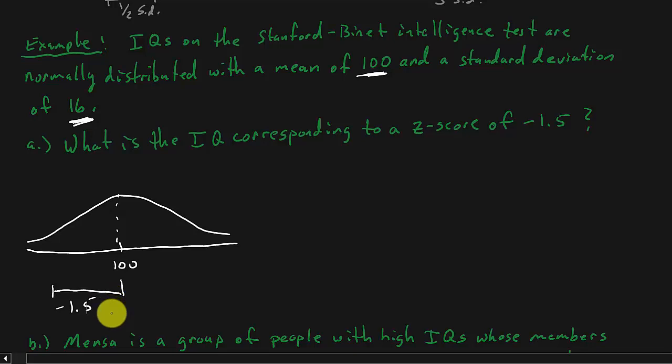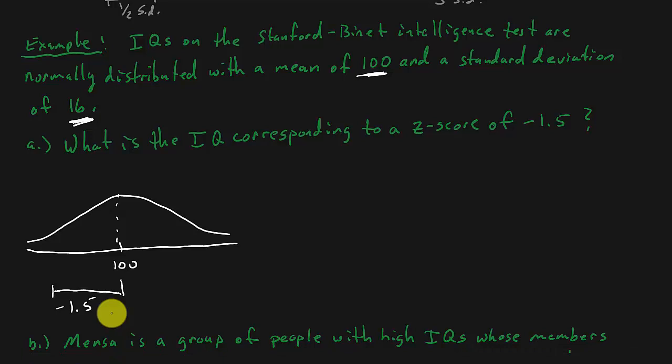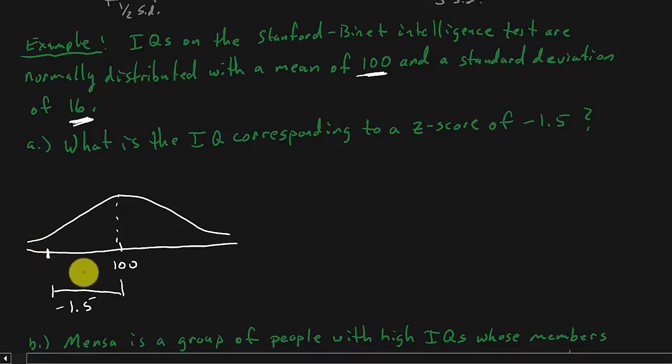Now there actually are a couple of ways that we could go about looking at this, but what I want you to understand is we're looking for this value right here, and it is 1.5 standard deviations below the mean.